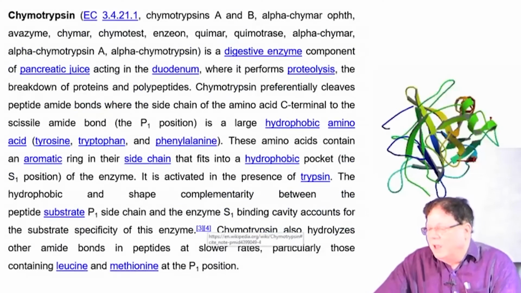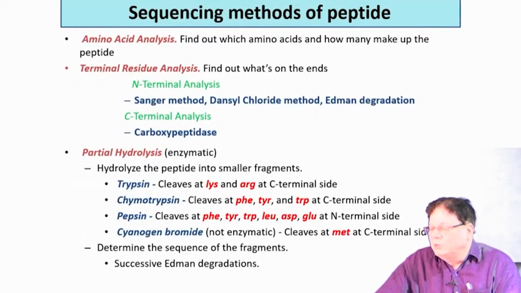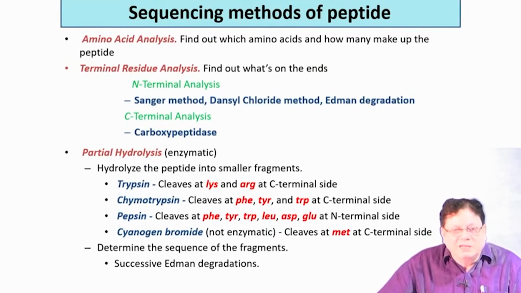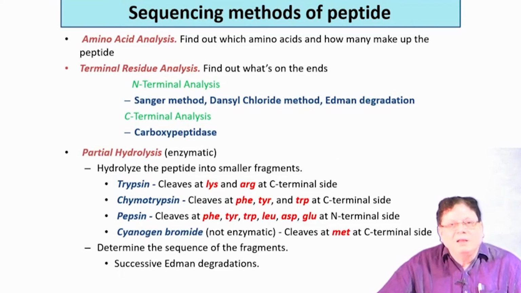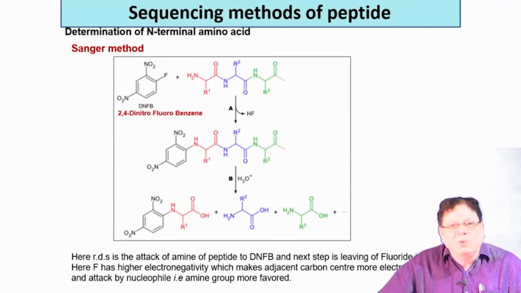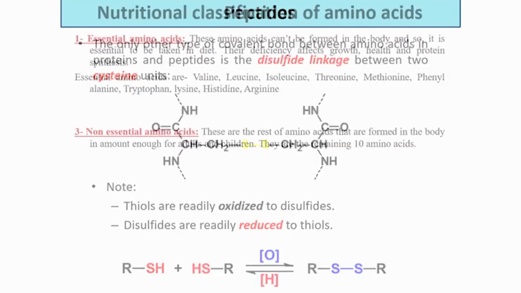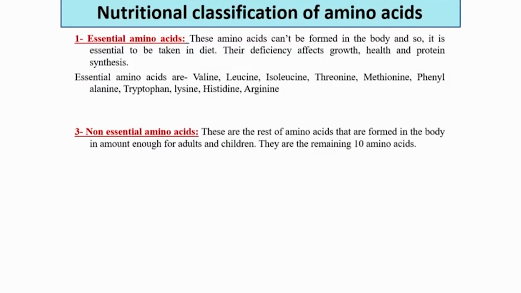Okay. Now, I told you that when you take the food, it has to be digested and fragmented into smaller amino acids, and then these amino acids are absorbed and used to make the proteins that we require. The question is, can we make our amino acids inside the body or not?